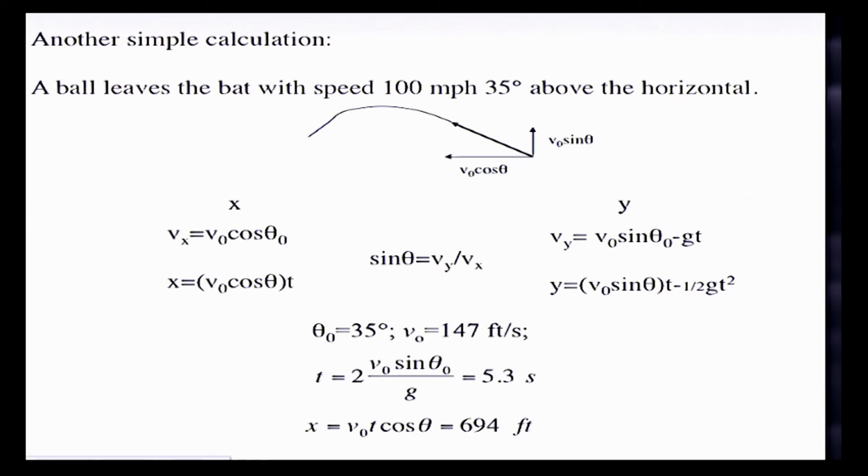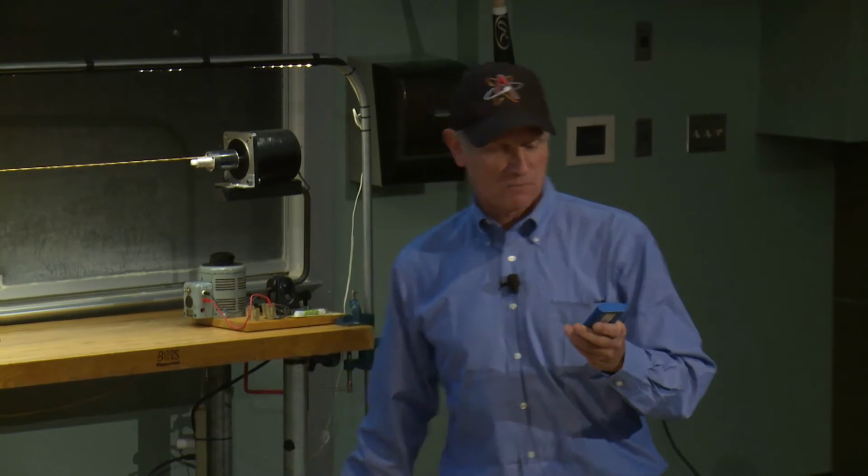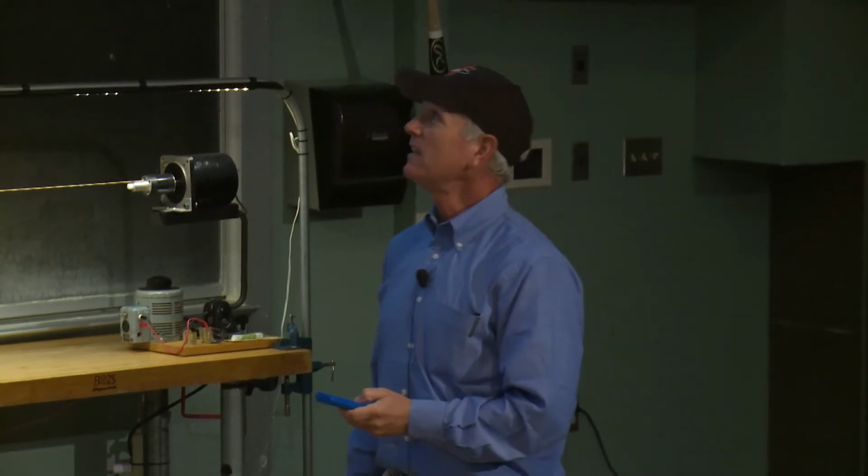We learn in physics to separate the x and y motion here. If we don't consider any of the aerodynamic forces, we find that the ball should go 694 feet, and they don't go that far. Because we know. I mean, you shouldn't be surprised. Why do I bother? All right.